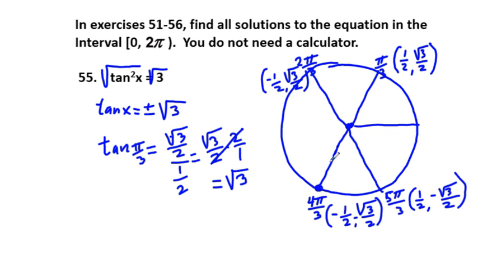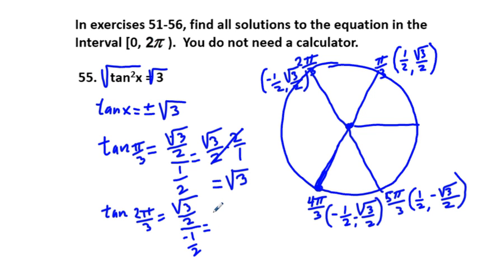If we go down to quadrant 3, we're going to get negative square root of 3 over 2 divided by negative 1/2, and so 4 pi over 3 is an answer. If we try to take the tangent of 2 pi over 3, we have sine, which is square root of 3 over 2, divided by negative 1/2.